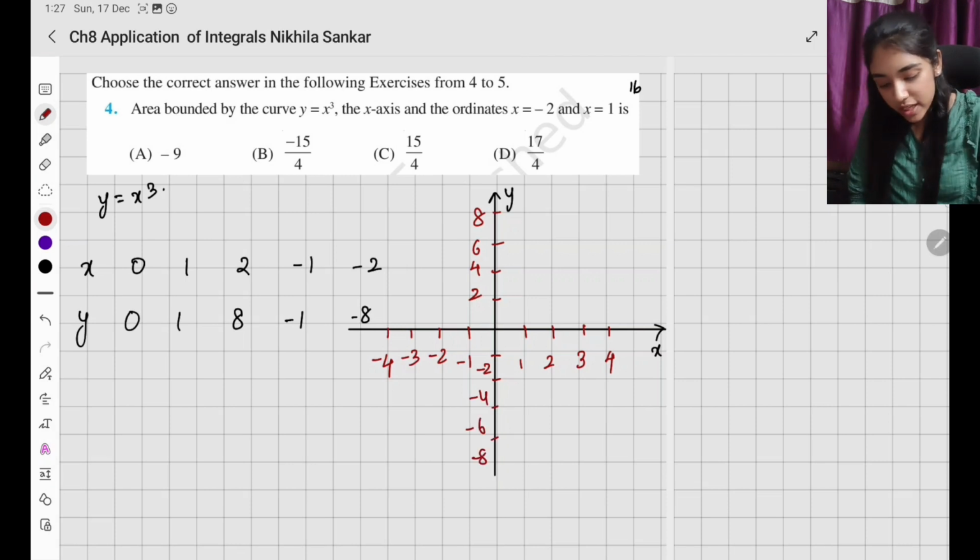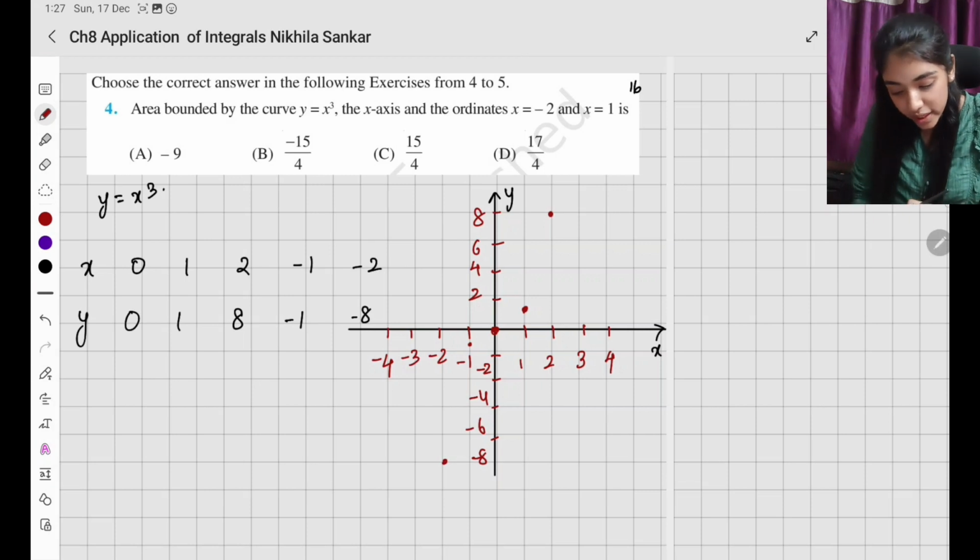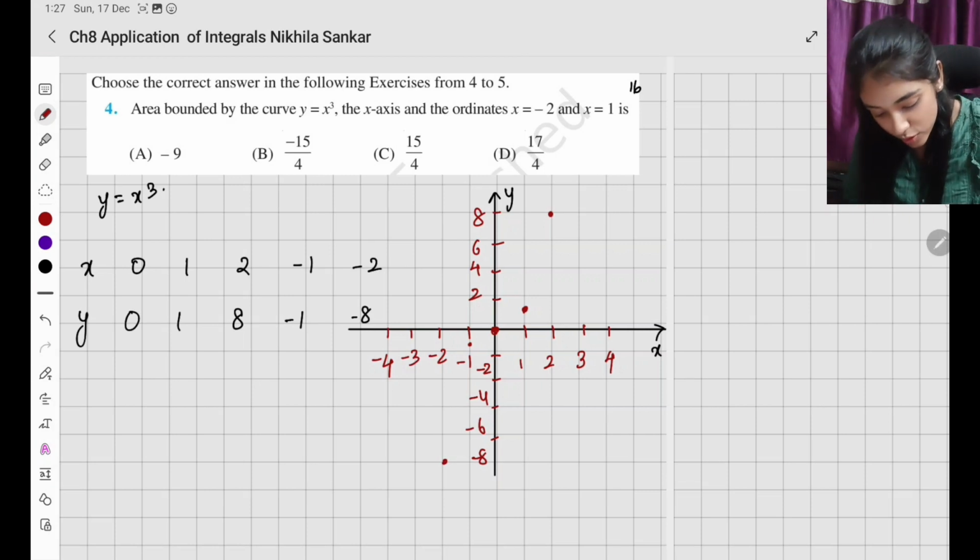Okay, so how does my graph look? 0 gives 0, 1 gives 1, then 2 gives 8, minus 1 gives minus 1, and this is minus 2. So minus 1 gives minus 1, 1 gives 1, so it has to be somewhere here, then minus 2 gives minus 8. So my y equals x cube graph basically looks something like this.